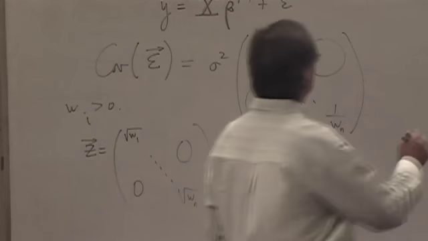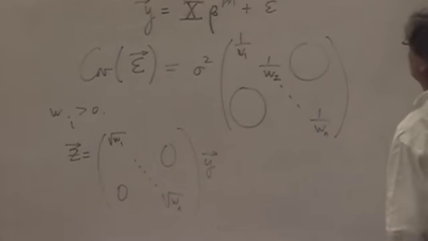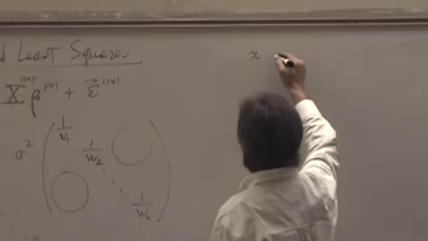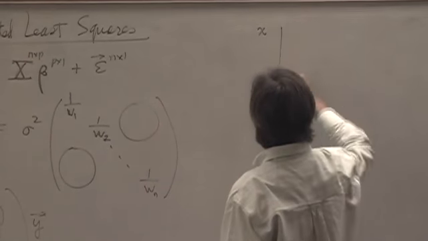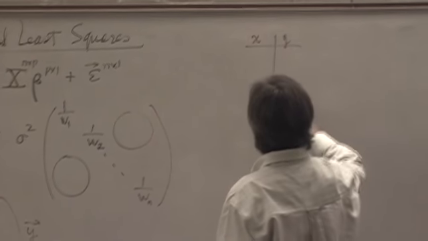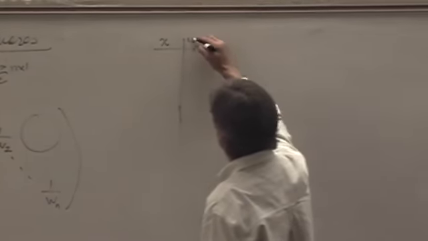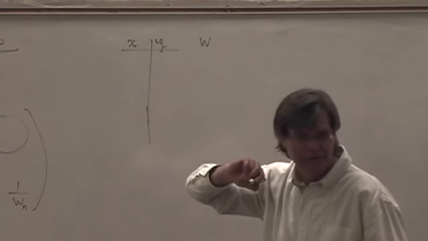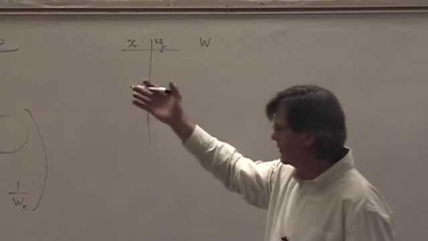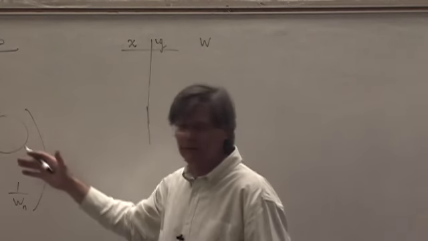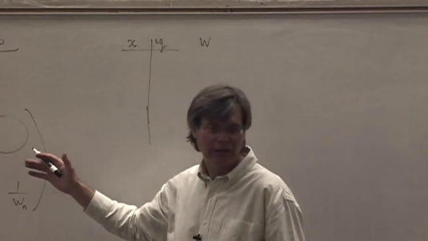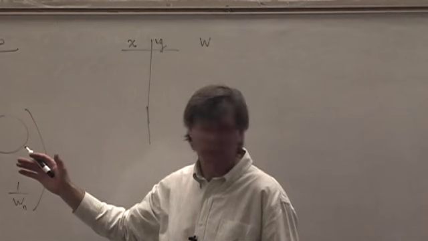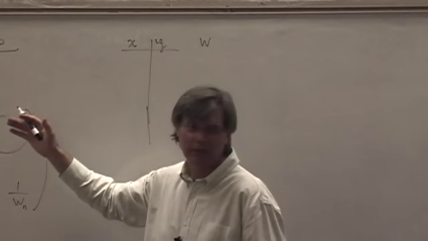So I'm going to have my original x's. Let's say in a simple linear regression model, I'll have my x, I'll have my y column, and then I'm going to have a w column. Where is it going to come from? Whatever arguments I have for how the variance covariance should look. In the Poisson data, the variances were proportional to the mean.